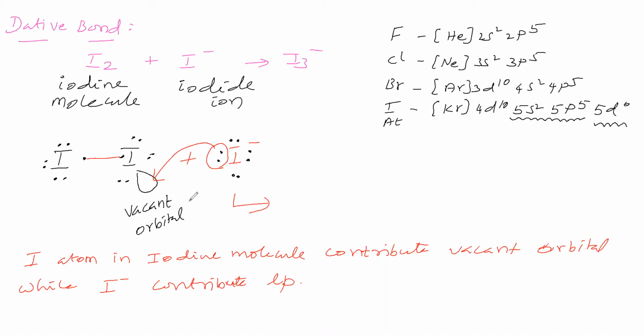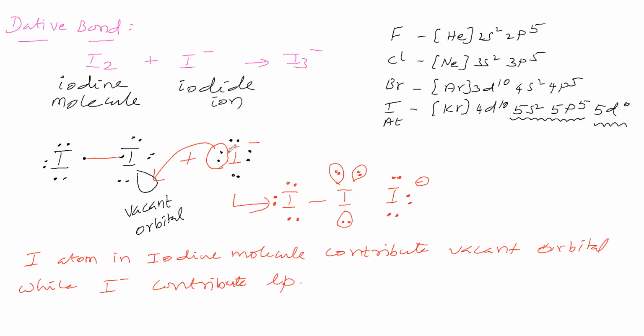Now in this I2, this I has 3 lone pairs, that we will write here. Then this other I also has 3 lone pairs. This I minus also has 3 lone pairs: 1, 2, 3.